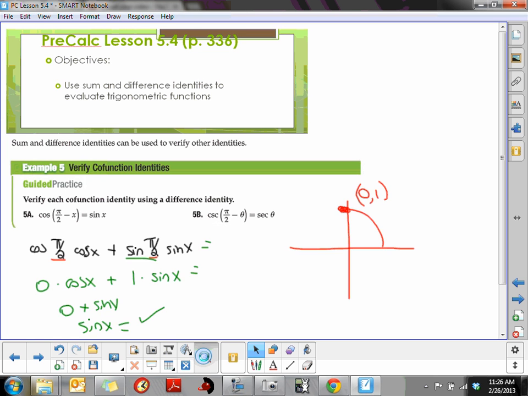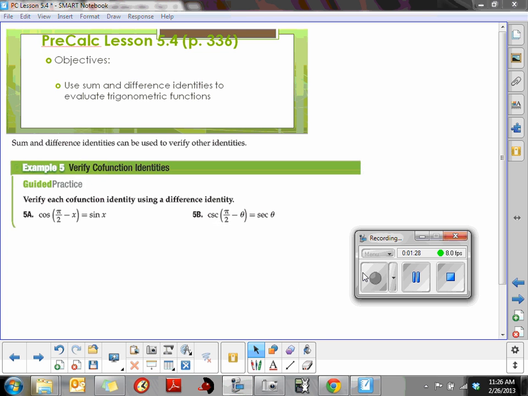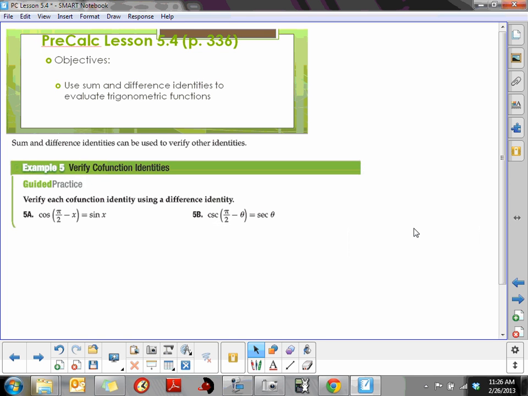Okay, the second one is the cosecant. Now we really don't have a cosecant identity in mind here, but cosecant is 1 over the sine. So we've got to be thinking about how we're going to transform this to match what we want it to be. How do we think about cosecant? The cosecant is a reciprocal of sine.